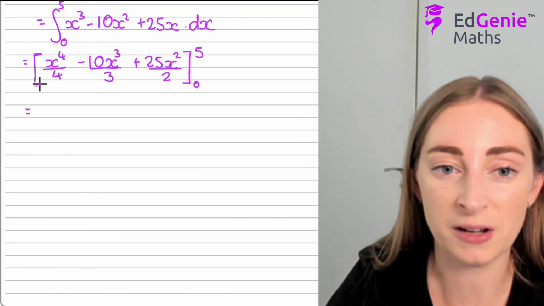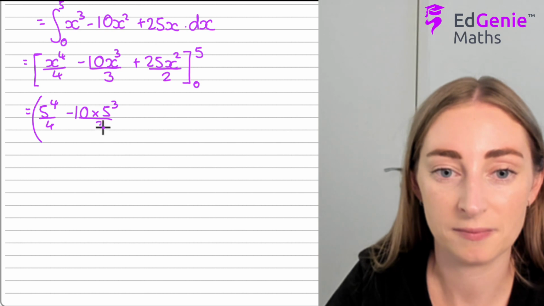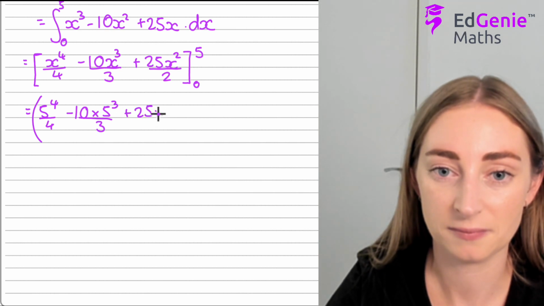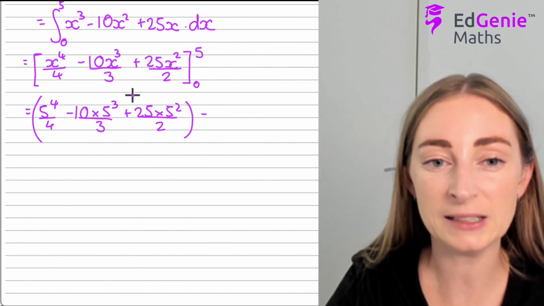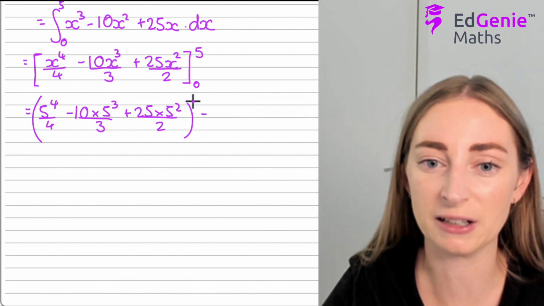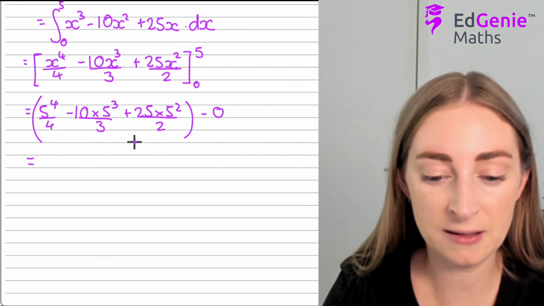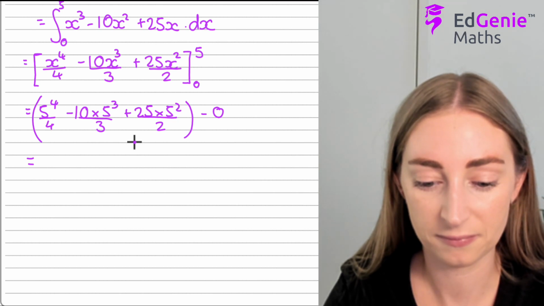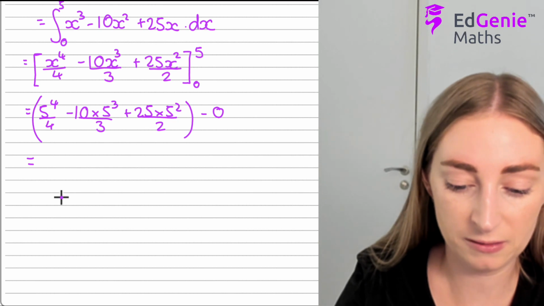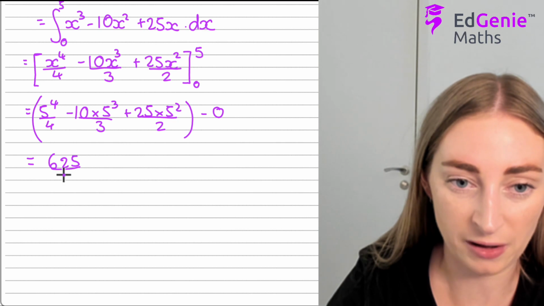Then substitute 5 into here. Substitute 0 in, but can you see how all of these terms are just going to go to 0? So I'm not going to bother writing all that out. Put this all into our calculator. And we've got 625 over 12.